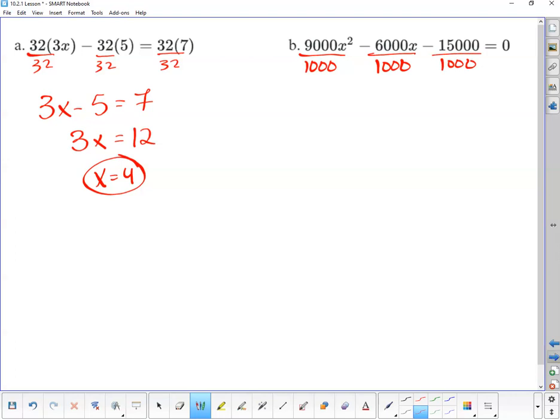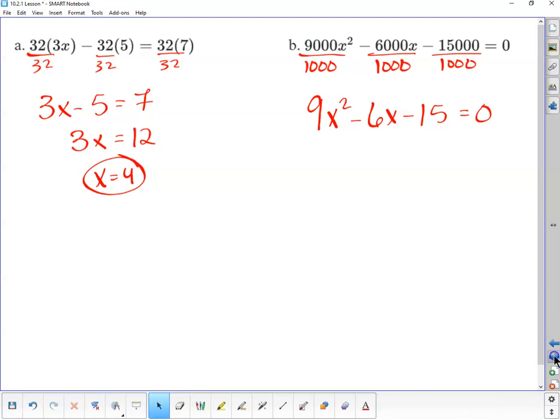And so 9,000 divided by 1,000 is 9. So now we have 9x squared minus 6x minus 15 is equal to 0. And I'm looking at this and I go 9, 3 times 3. 6, 2 times 3. Negative 15, or just 15, 5 times 3. So I could divide each of these further by 3.